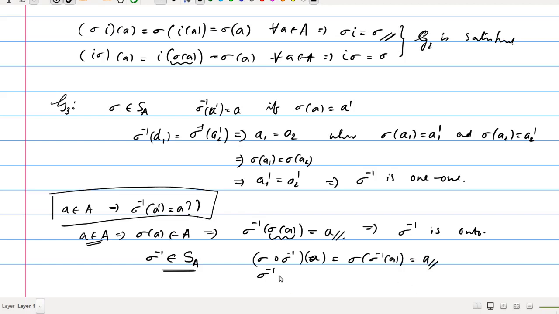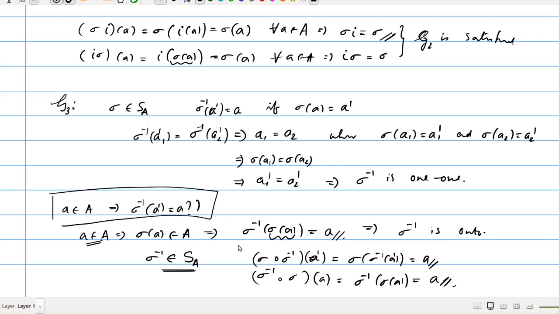Or sigma inverse composed with sigma of A: this is A prime, and sigma inverse of A prime is equal to A, so sigma inverse of sigma of A is equal to A itself. This shows that SA is a group under composition in general.